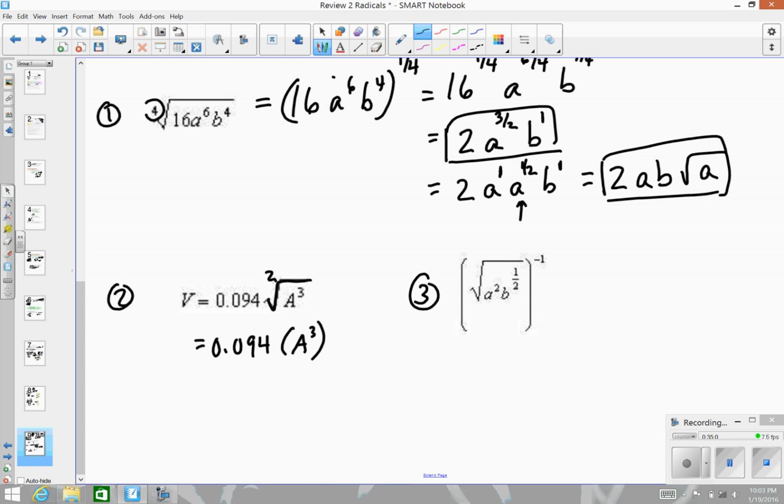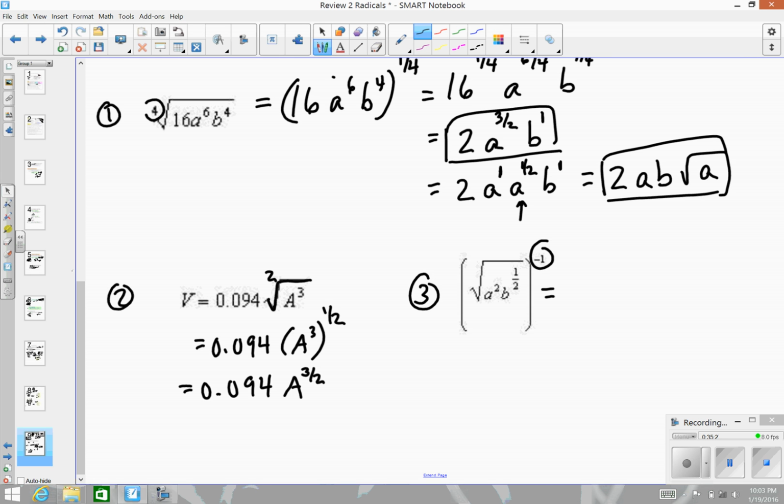A to the third is being raised to the 1/2 power when it's a square root. So can also be written as a to the 3/2 power. Alright, we could simplify it more like we did in example 1, but we don't need to do it twice, so now we're going to move on to this next example.